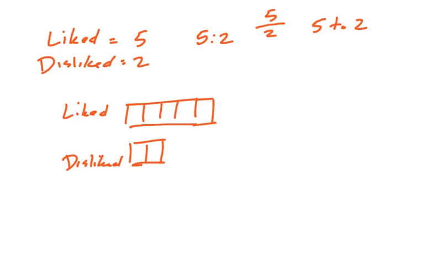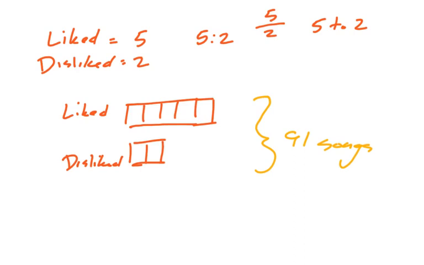Now let's imagine, though, that in all, I should probably scoot that over just a little bit so that we can make our answers fit here. In all, he would have liked 91 songs. How does that break down among his liked and disliked songs? So what we do here is count how many boxes there are in all.